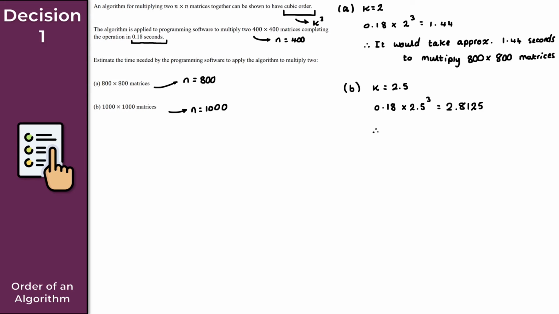And therefore, if we just make a note here, it would take approximately, let's just run this to 2 decimal places, approximately 2.81 seconds to multiply 1,000 by 1,000 matrices.